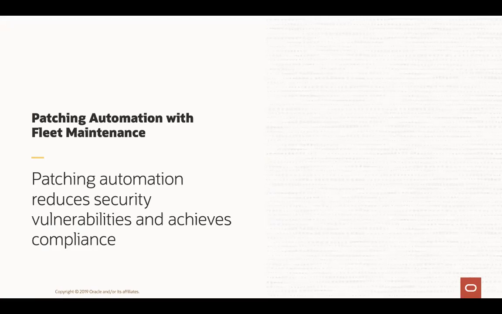So the next area is about patching automation. As we talk to customers, I find that this is pretty much a universal pain point for many customers. The patching process can be very difficult from many perspectives. Probably the biggest is the downtime, the maintenance windows required to do the patching.